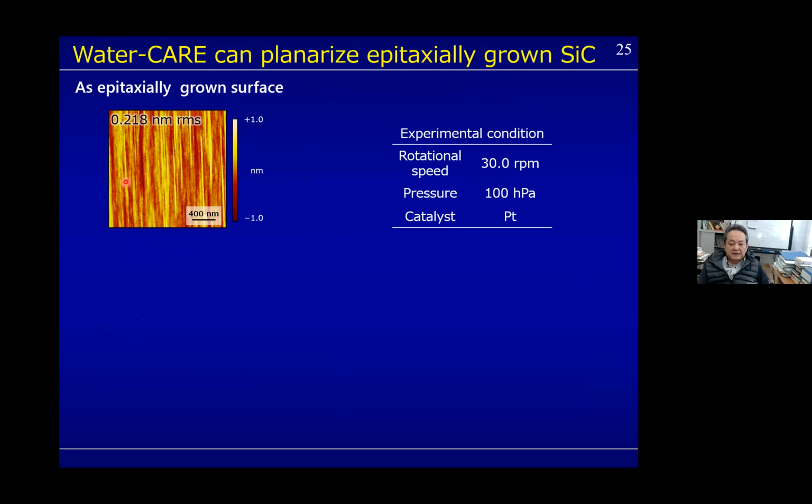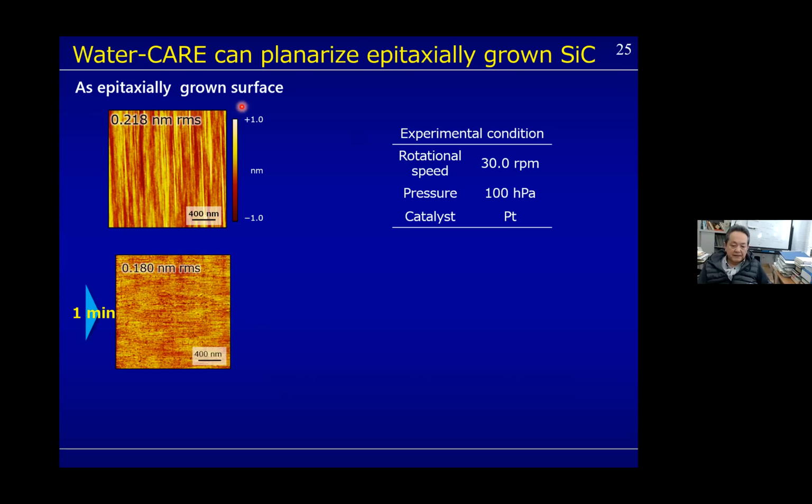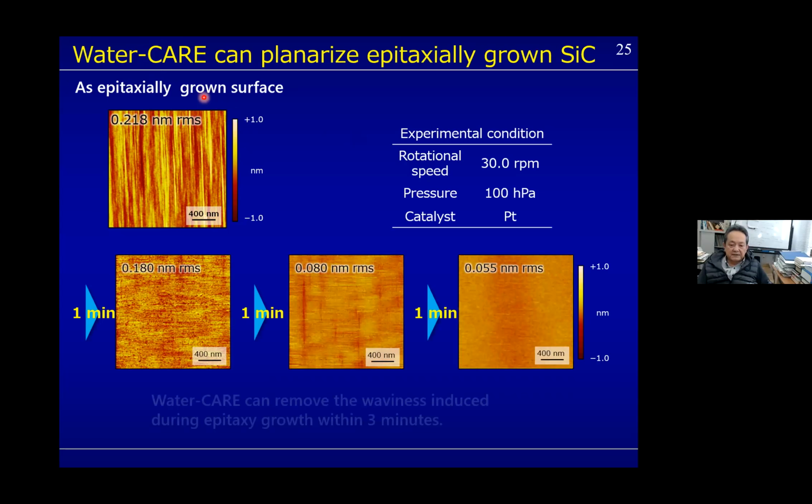So this kind of roughness should be removed just after epitaxial growth. And to remove this, water CARE is used. And as you can see here, by applying this water CARE process, within 3 minutes, this kind of rough surface becomes atomically flat. And this is very important.